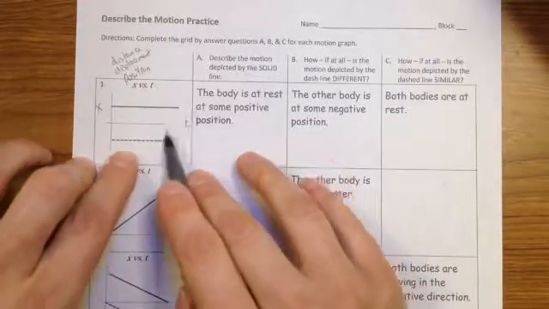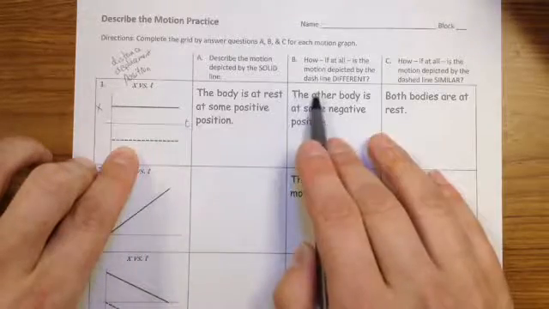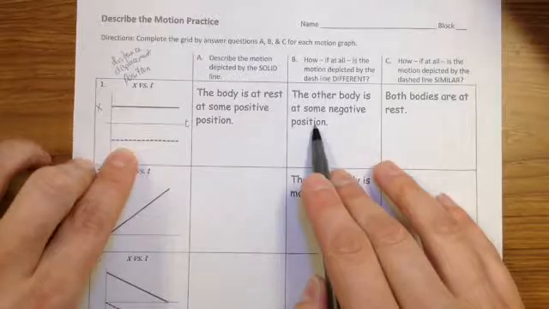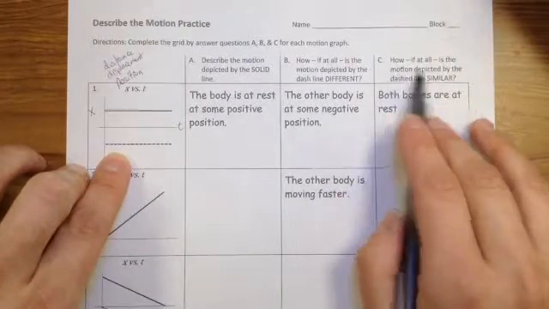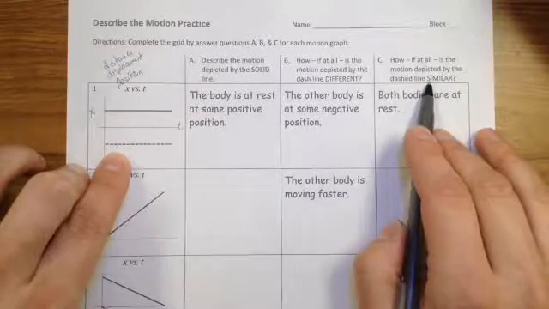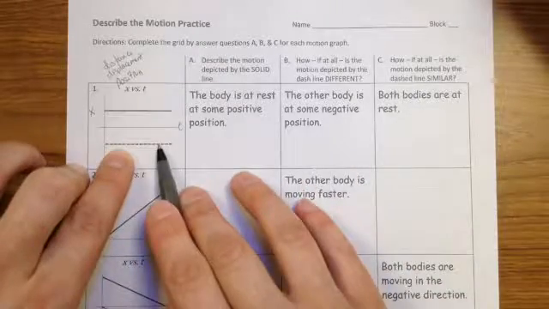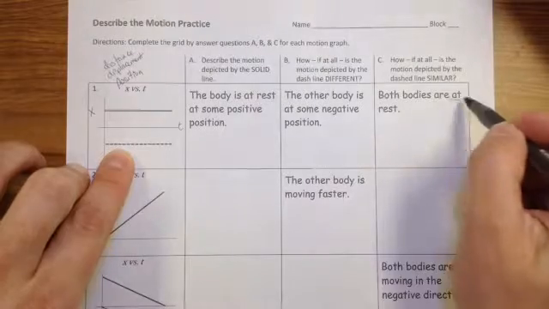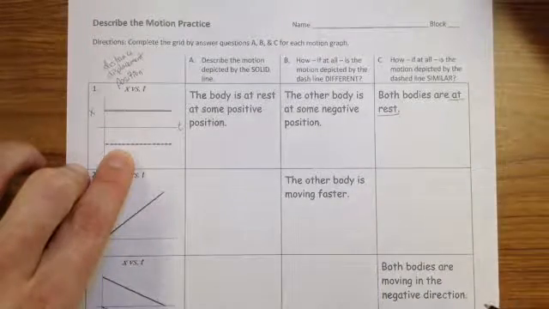Okay, what about these two motions is different? Well, the other body is at some negative position. All right, and then C, how, if at all, is the motion depicted by the dash similar? So the dash line, how is this motion and that motion similar? They're both at rest. Okay? Fairly straightforward.